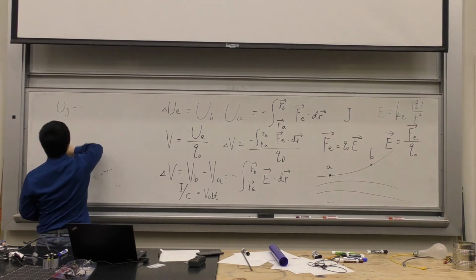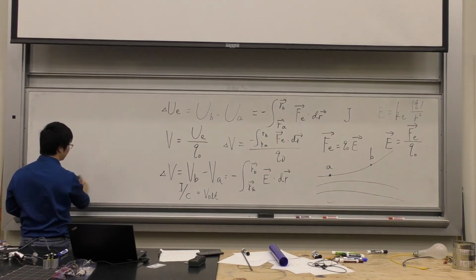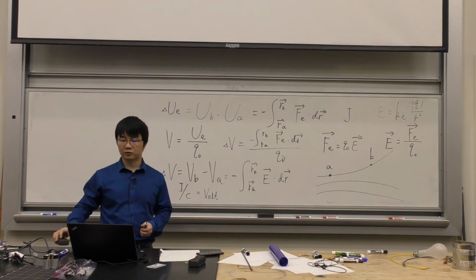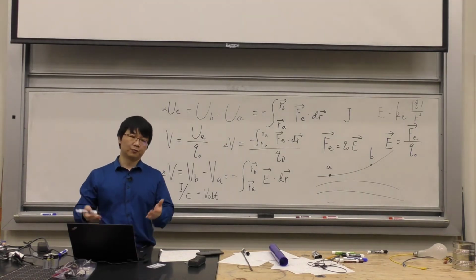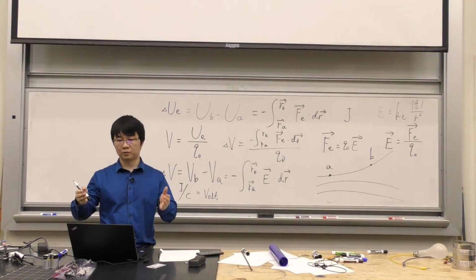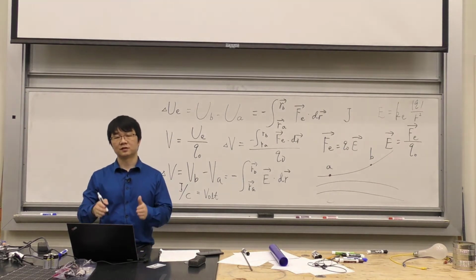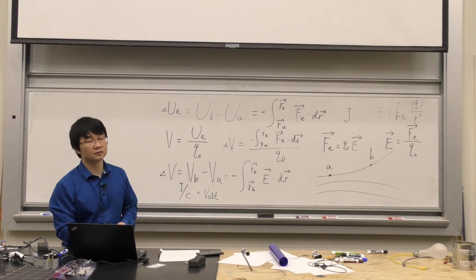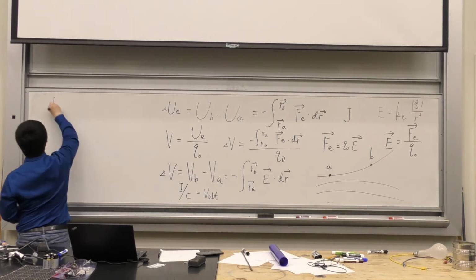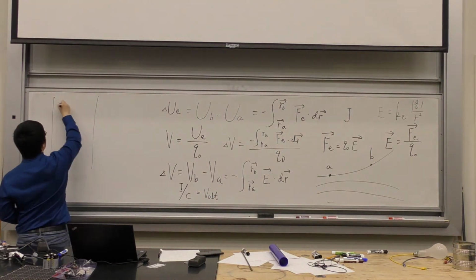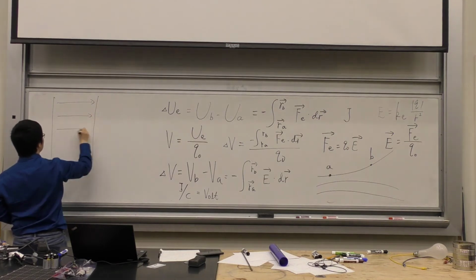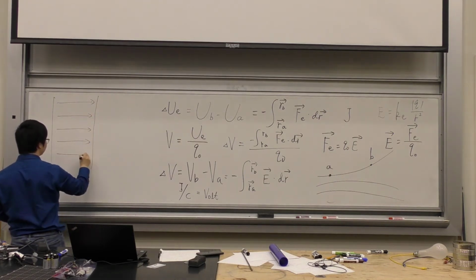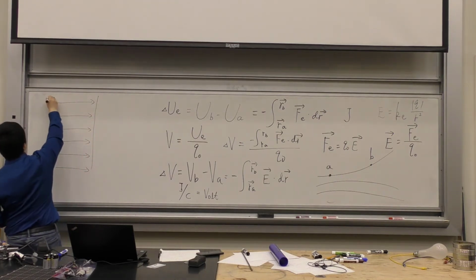A uniform electric field, let's first draw it out. The easiest way to set up a uniform electric field is parallel plates, right? You grab 2 plates, make sure they have the same size, and charge them with opposite charges, the same amount. Then the electric field between them is almost uniform, from the positive to the negative plate, right?